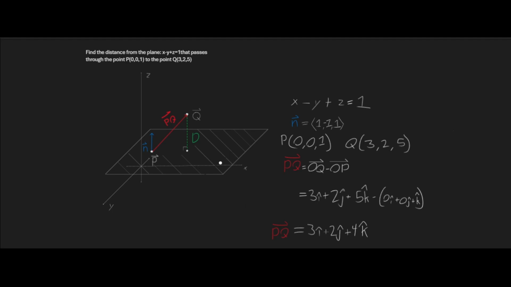I've drawn this picture here, and this is the plane, and we have P, which is a point on the plane, and Q, which we want to find the distance from the plane to. The first step is to find PQ, which is OQ minus OP, and it gives us this vector here, 3i plus 2j plus 4k.